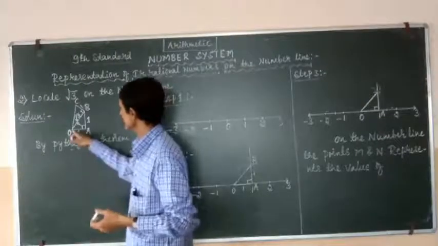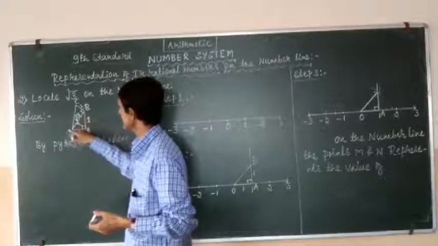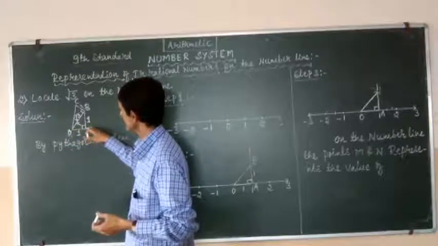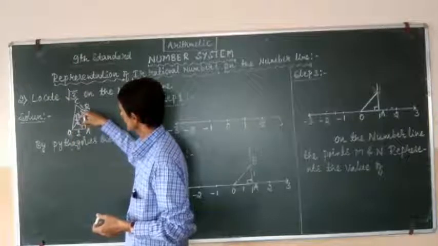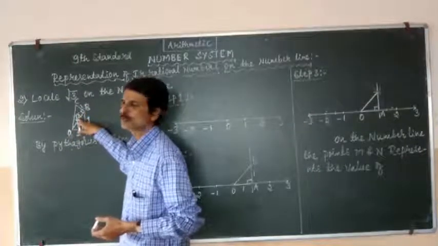For that, we have taken a triangle OAB. By taking OA as 1 unit and AB as 1 unit, the value of OB will be root 2.